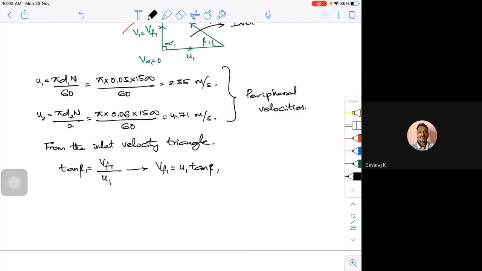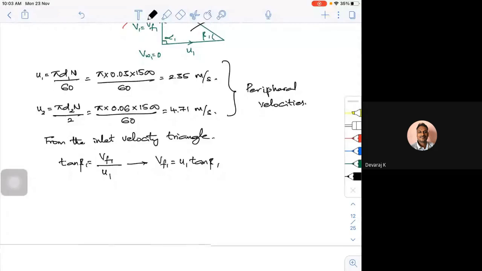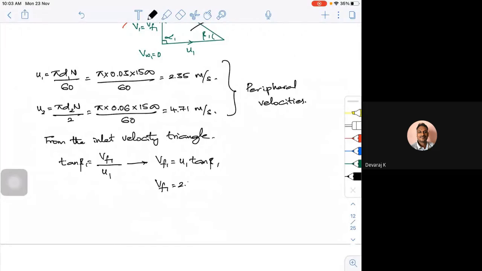Tan beta 1 is given as 55, and u1 we just found is 2.35. Let me substitute it. So Vf1 is equal to 2.35 into tan 55. If I substitute, I am getting Vf1 equal to 3.36 meters per second.